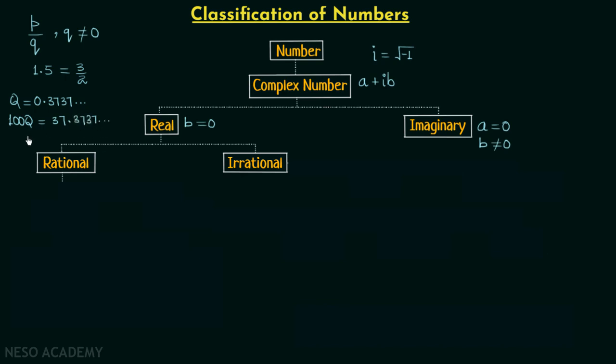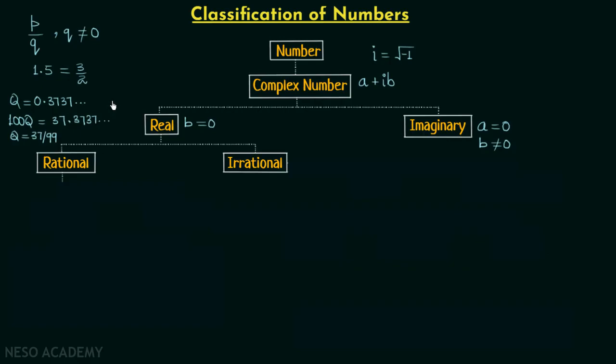Now what if I subtract q from 100q? On the left hand side we will have 99q, and on the right hand side we will have 37. So q will be equal to 37 divided by 99, and this is in p over q form. So I hope you understand both the forms of rational numbers.